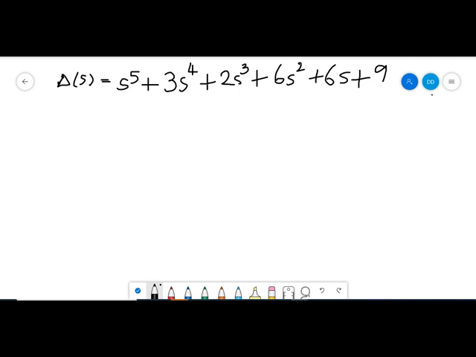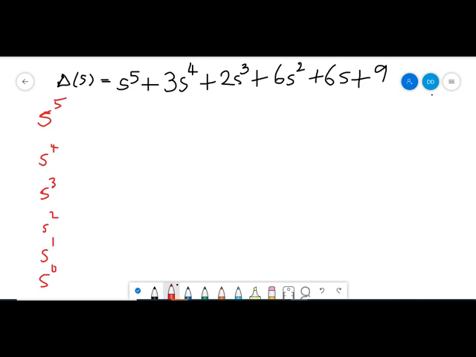The highest power of s in this particular example is 5. So we'll consider the odd orders first in the first row, then we'll go for the even orders. Our first row is related to s^5, next will be s^4, s^3, s^2, s^1 and s^0.